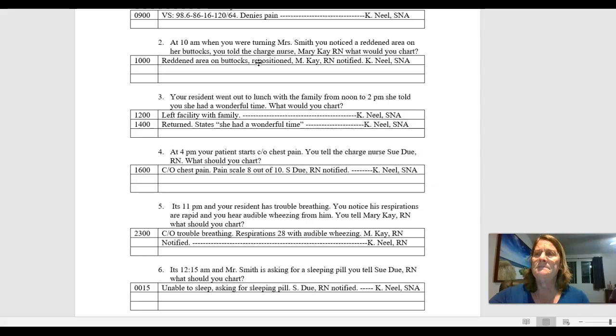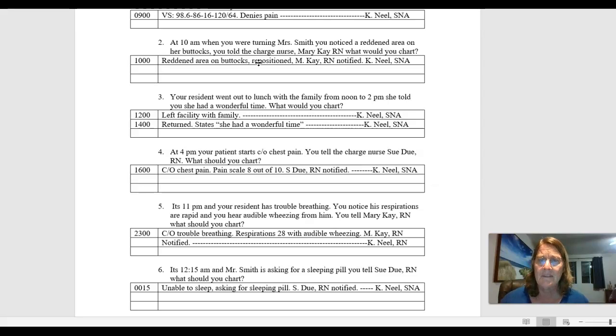But are there things that make it worse? Are there things that make it better? Is it a stabbing pain? Is it a crushing pain? How would they describe it? Those are all things that we would probably want to know, but they really would be more the responsibility of the LVN or the RN caring for that person.